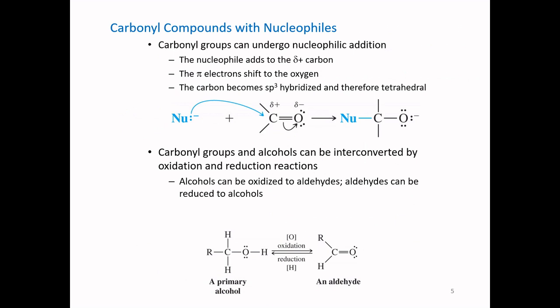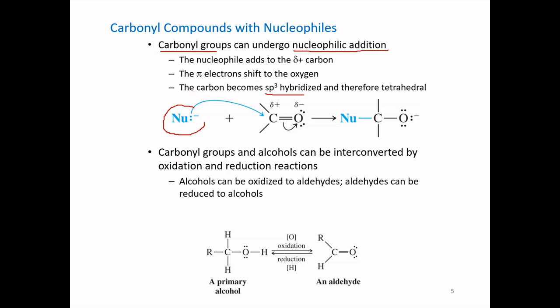Carbonyl groups can undergo nucleophilic addition as mentioned in the previous slides. The nucleophile adds to the partially positive carbon, and then the pi electrons shift to the oxygen, and the carbon becomes sp3 hybridized and therefore becomes a tetrahedral compound.